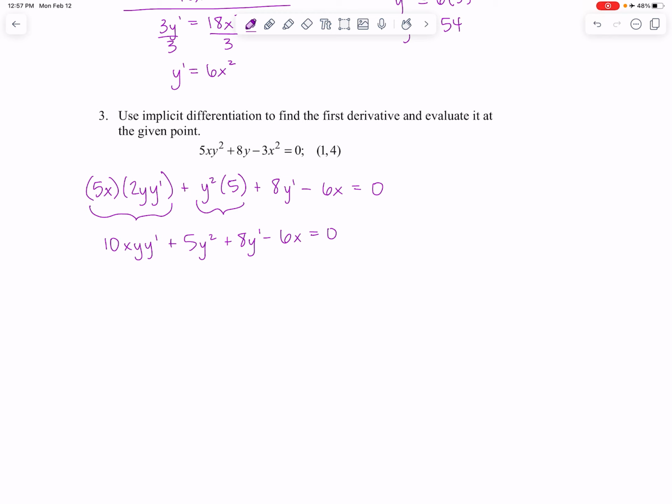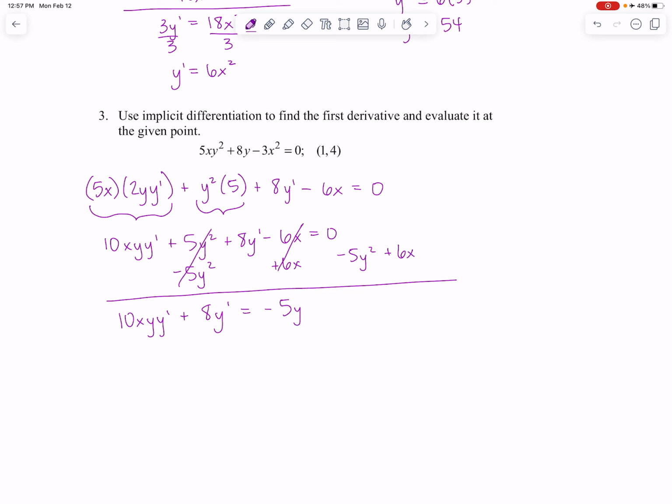Let's move anything with no y primes. So the 5y squared can go, and the 6x can go, because those do not have any y primes at all. So that way on this side we have a y prime in each of our terms, and on this side we have no y primes.